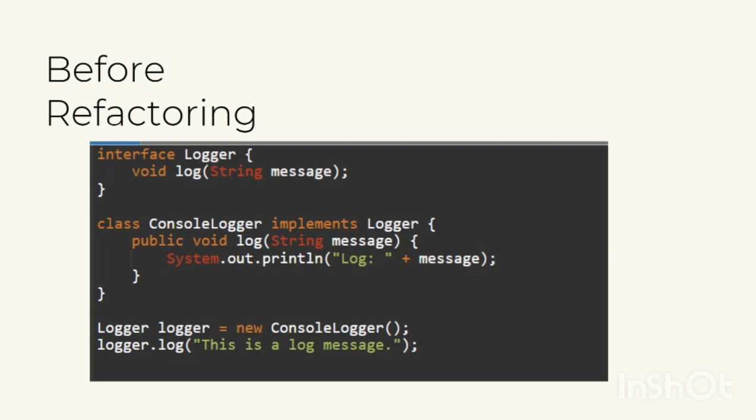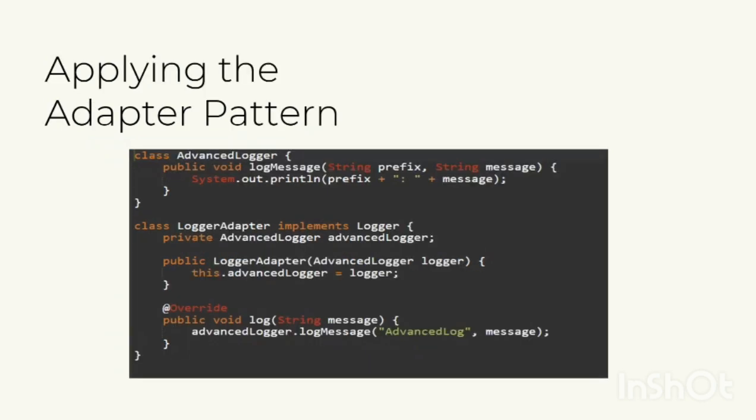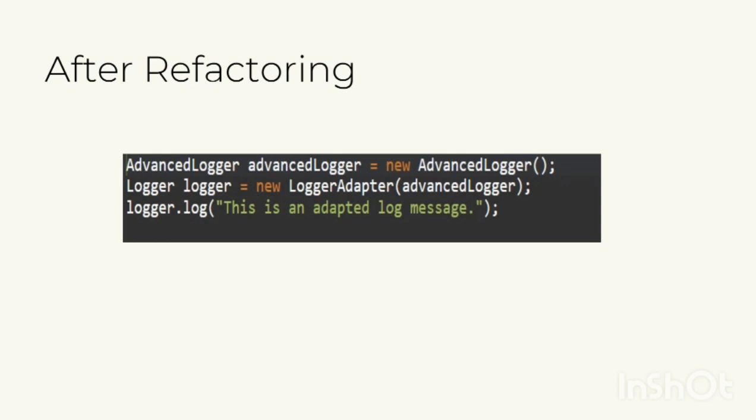And after this refactoring, to that code we are applying the adapter pattern. If you have observed, every string comes with an advanced logger. In this adapter pattern, every string and every path gets advanced.